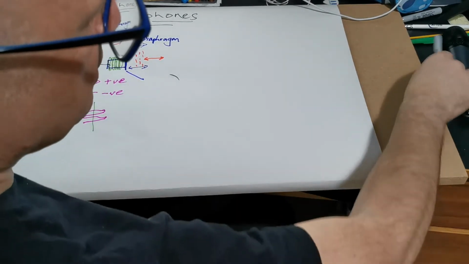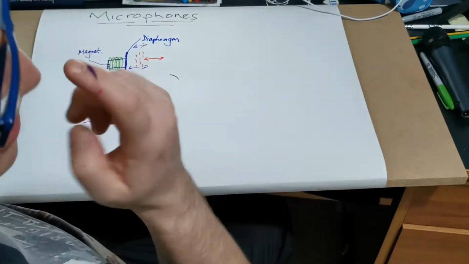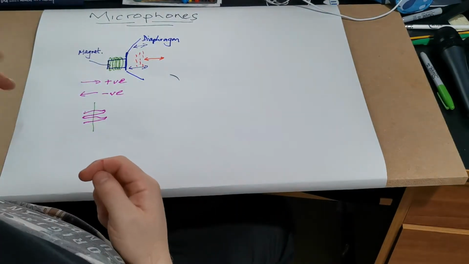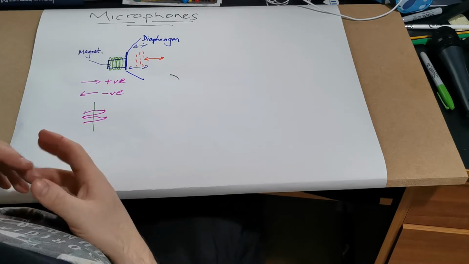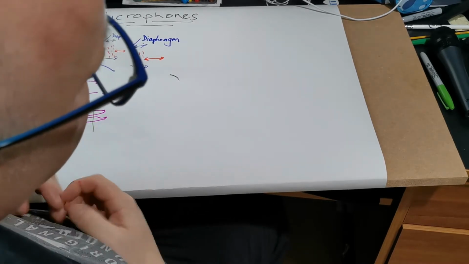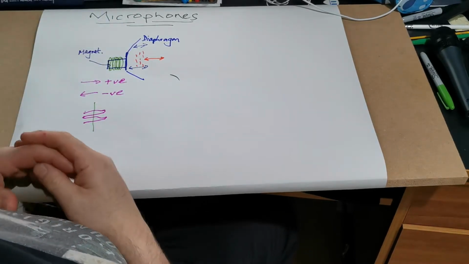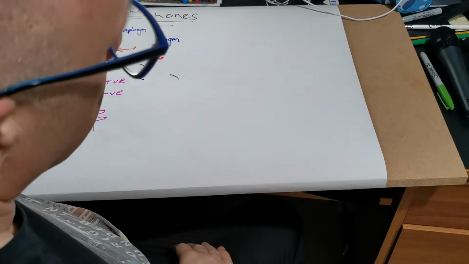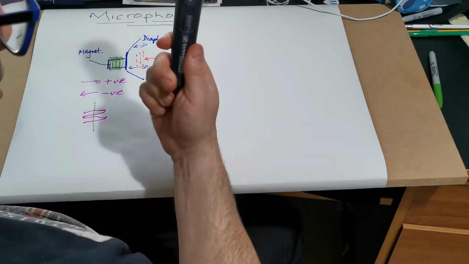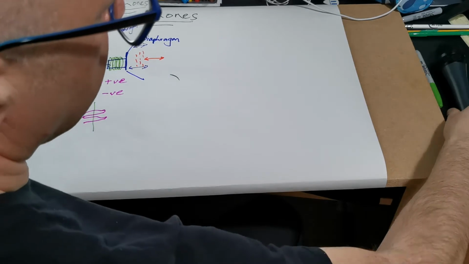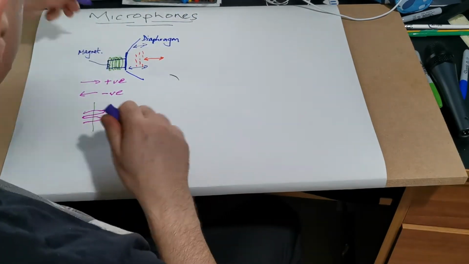And I'm going to show you something in a little while which will show how that happens from an electrical point of view as well. Now that's one type of microphone, the vocal microphone, which we know as a dynamic.